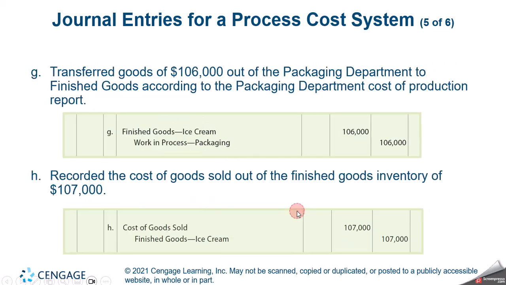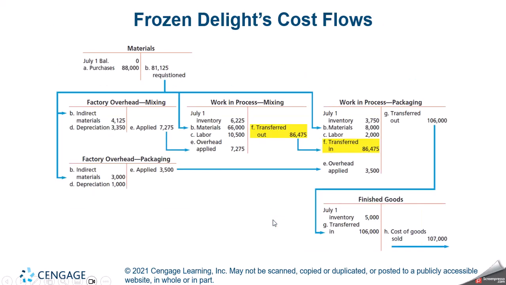So again, it's moving through the flow, but we've got the two work in processes. Then when it comes out of packaging, it's going to be finished goods. So we'll credit our work in process packaging and debit our finished goods. And as it comes out of finished goods, it's sold, so we credit our finished goods and charge it off to cost of goods sold.